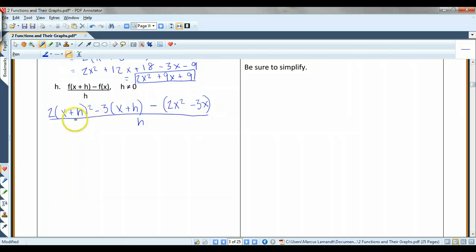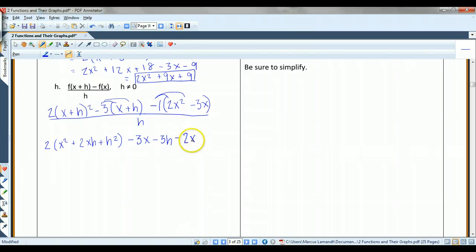Once again, a perfect square. So we've got 2 times x squared plus 2xh plus h squared. I'm going to distribute the negative 3 here. So I've got minus 3x minus 3h. This is an invisible negative 1, so I'm going to distribute that here.